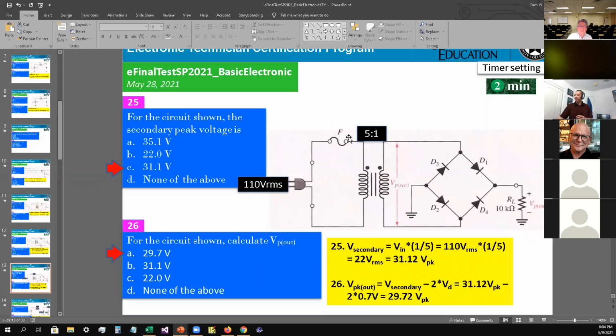So 110 divided by 5 gives you about 22 VRMS. But the answer they wanted was in peak, so we convert that 22 VRMS to peak by dividing 22 by 0.707, which gives you 31.12 volt peak. So the answer is C as in cat for number 25.